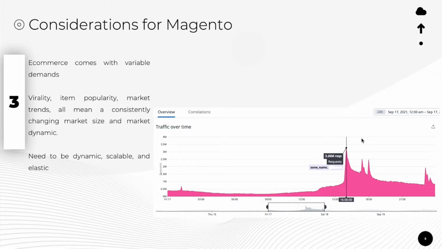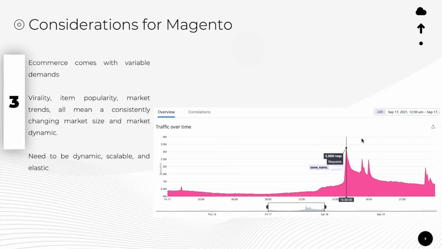Same thing if there is a new Samsung promotion, iPhone promotion, Black Friday promotion, holiday promotions. There will be a lot of spikes and changes in customer behavior related to the number of concurrent users using that portal.